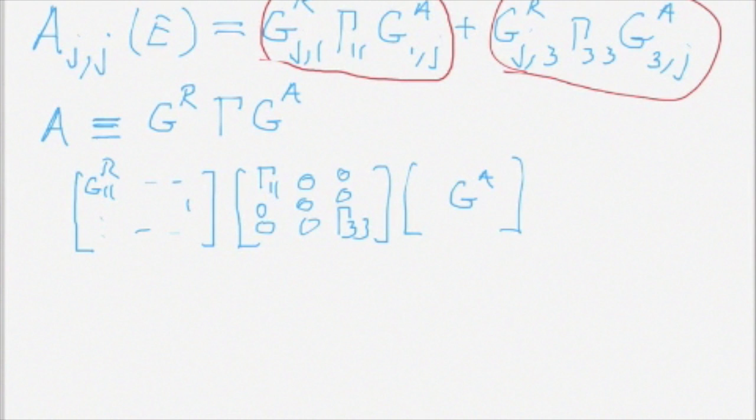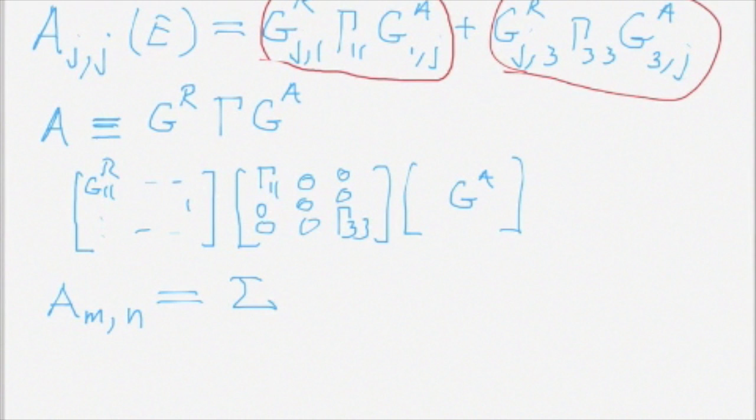And if I write it in terms of indicial notation, the matrix elements of A, M comma N, are equal to the sum.